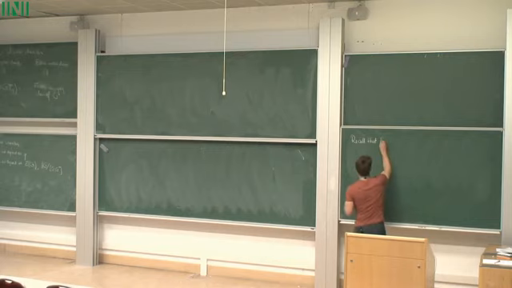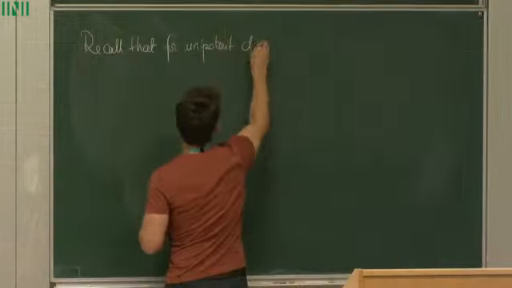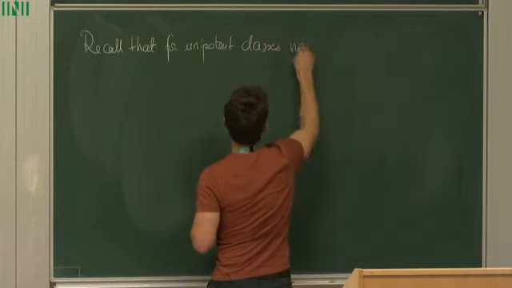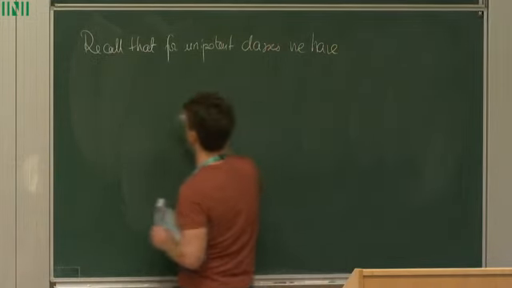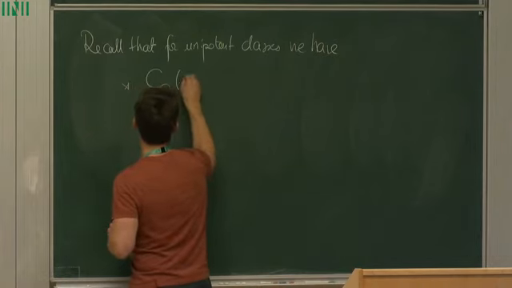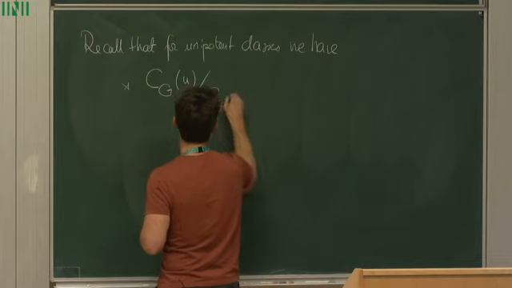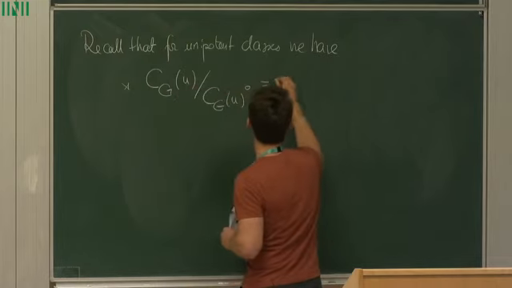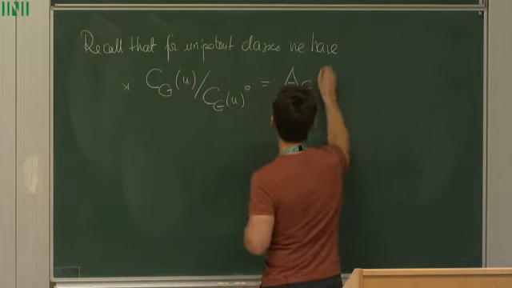So for unipotent classes, we have these component groups of the centralizers, which I denoted by A_G(u).